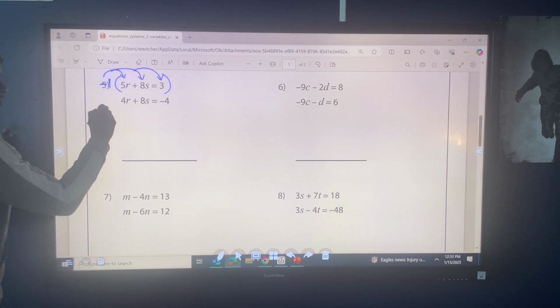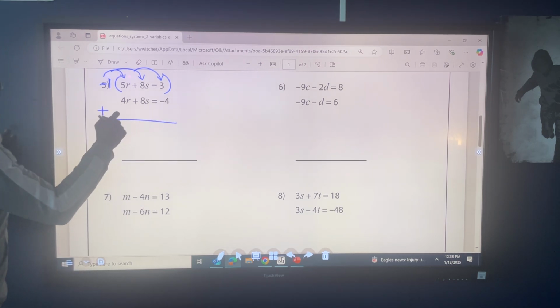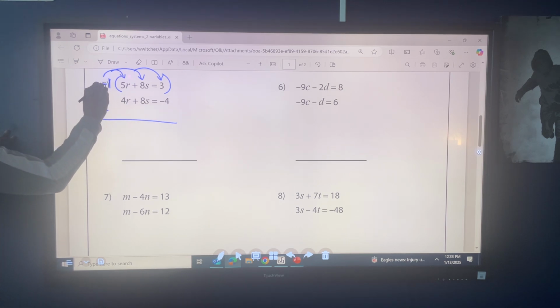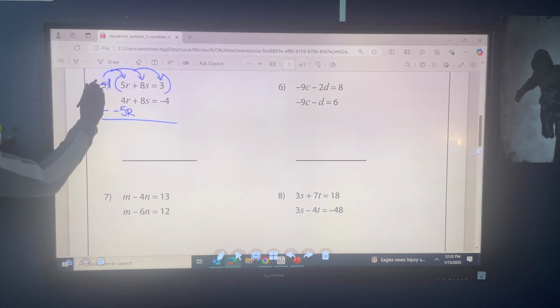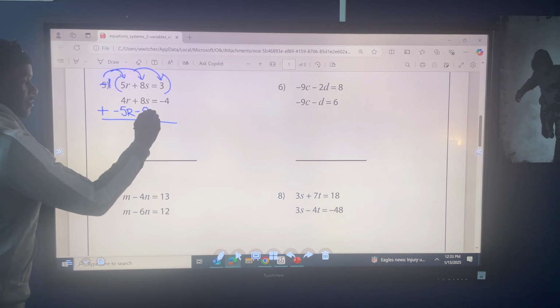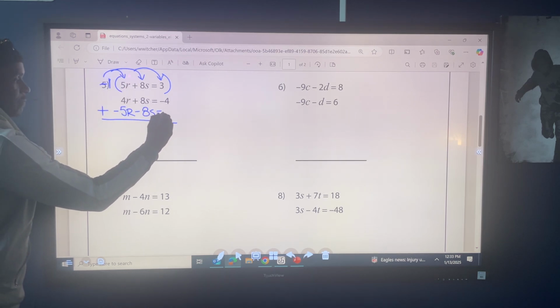I'm going to add the result underneath here. What's -1 times 5R? -5R. What's -1 times 8S? -8S. -1 and 3? -3.